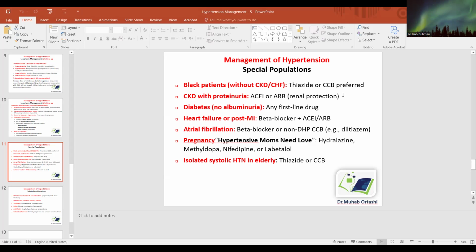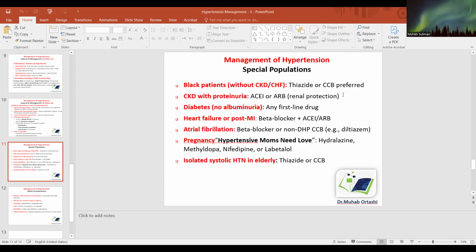When the patient has reduced ejection fraction, we prefer beta blockers at first line with ACE inhibitors. If the patient has preserved ejection fraction, we use diuretics if there is fluid overload. If not, we use beta blockers and ACE inhibitors.